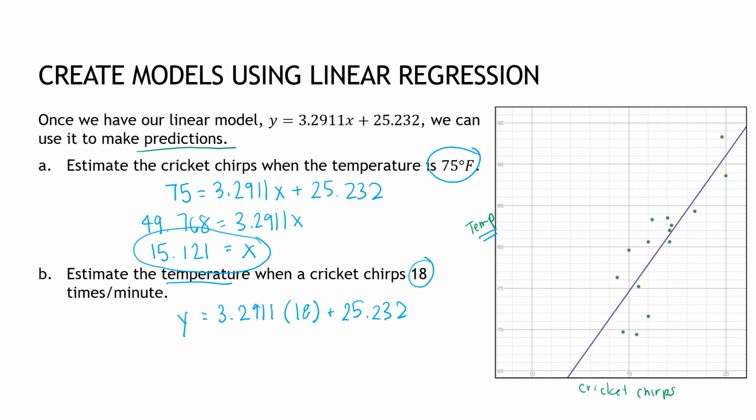So 3.2911 times 18 is 59.2398. I'm going to add 25.232 to that, and I get Y equals 84.4718. So my temperature would be about 84.5 degrees Fahrenheit.